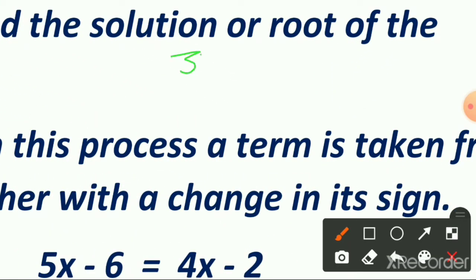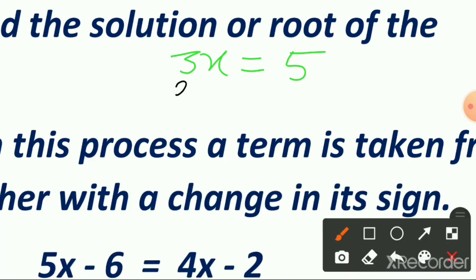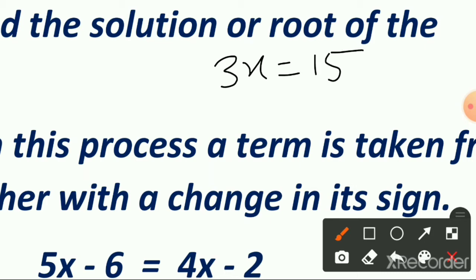Like if I am giving 3x equals 5. Sorry, I gave the question wrongly. 3x equals 15. By which number do I have to multiply 3 to get 15? By 5.